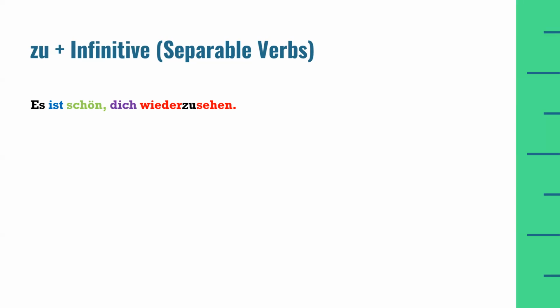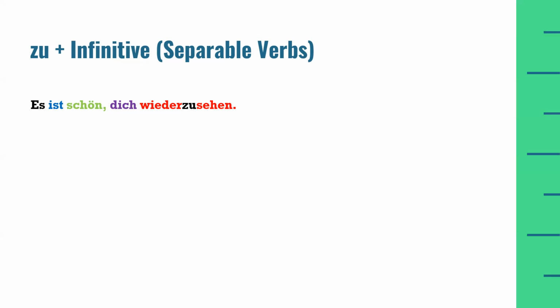Let's learn this rule through examples. Es ist schön, it's good, it's beautiful. Dich wieder zu sehen, to see you again. Now, if you look at the zu plus infinitive form, because wieder sehen is used as a separable verb, the rule that we have to follow here is that we have to use zu between the two separable parts of the verb.